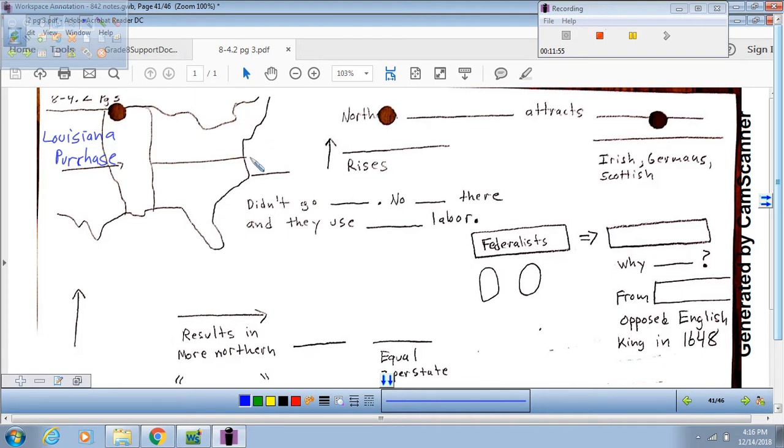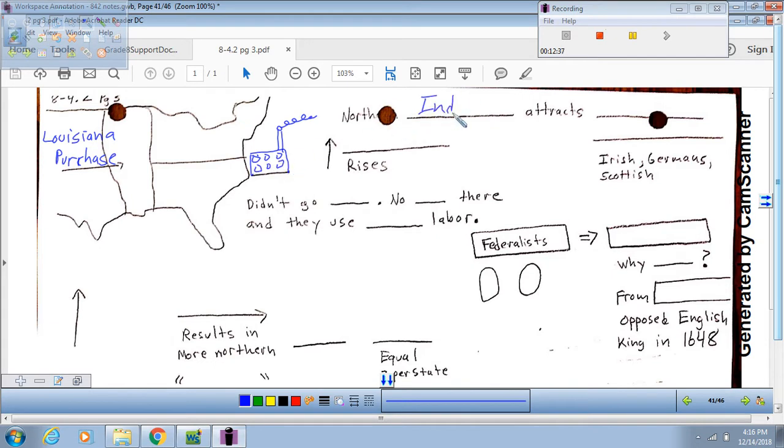Why the North had control of the House was because of different settlement patterns that had occurred. The North had developed industry early on, and they had also developed an economy that did not rely on slave labor and left job vacancies. Well, this would attract further people to the North.